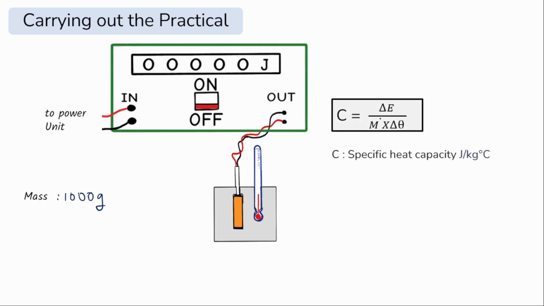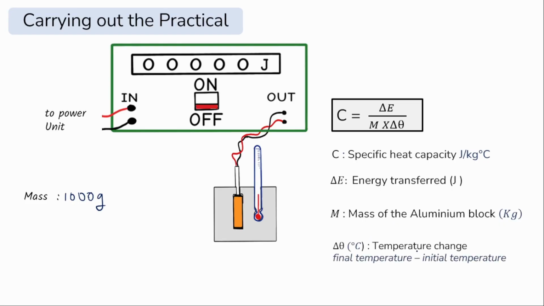The equation gives us the 3 measurements we need to find the specific heat capacity. The energy transferred from the joule meter after we've heated for 20 minutes. The mass of the aluminium block, which is 1000 grams, but we need to convert it to kilograms.